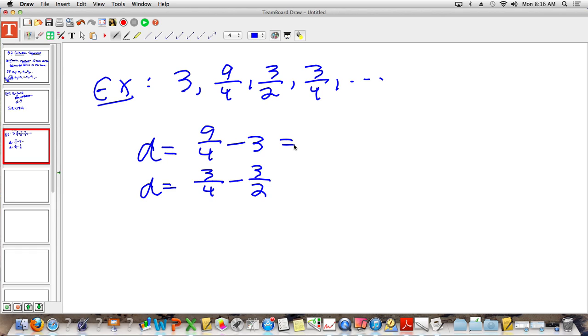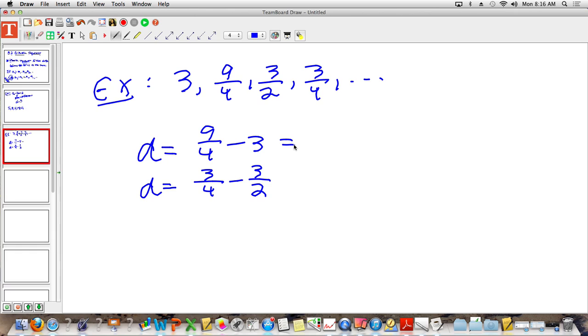Wait, we're supposed to take the term before. Yeah, you would take this term, 9/4, minus the term right in front of it, minus 3. We always subtract to the left. Okay. Negative 3/4, all right.